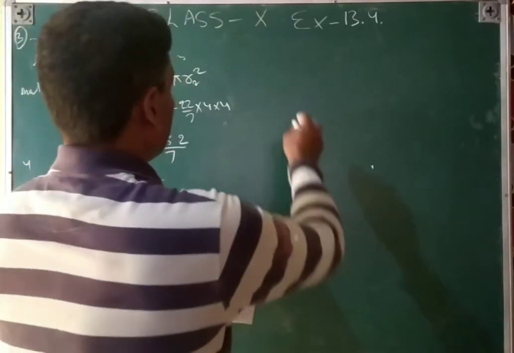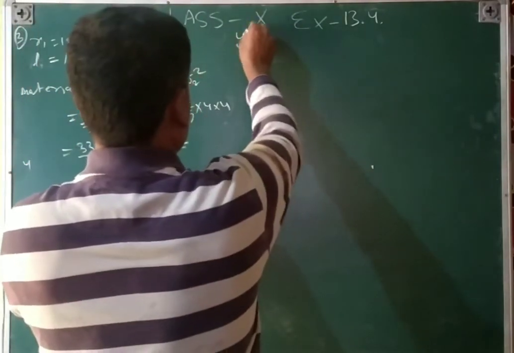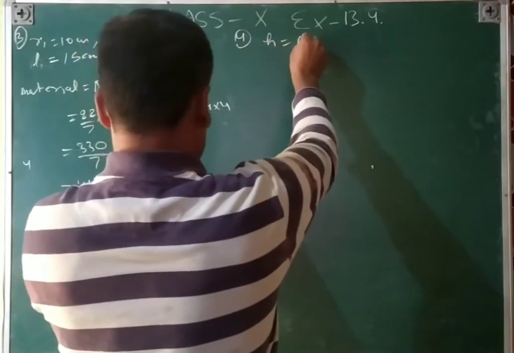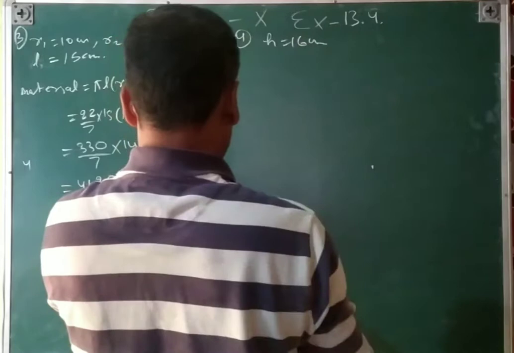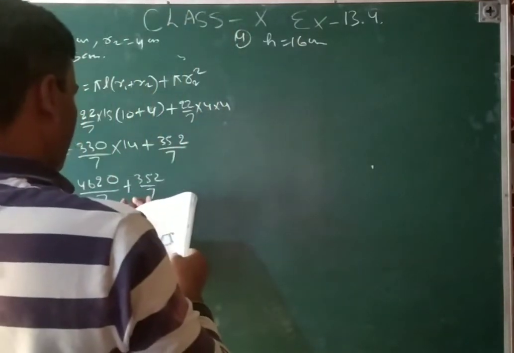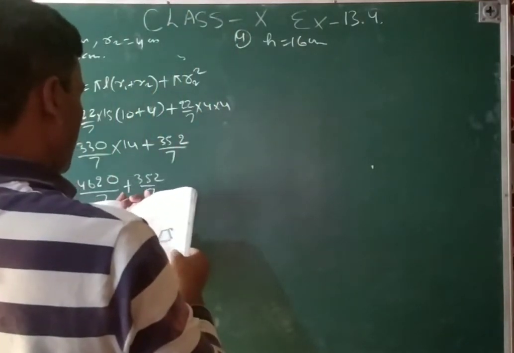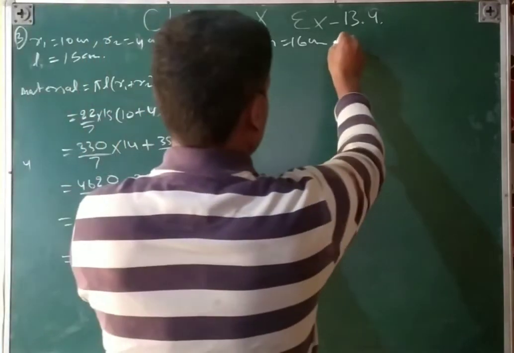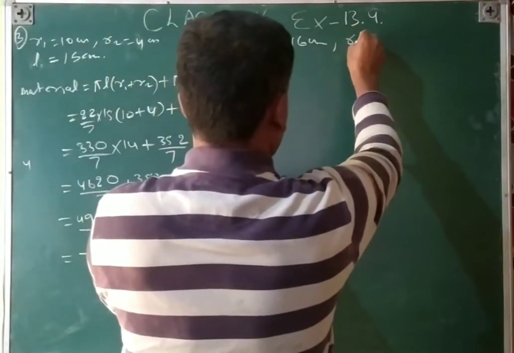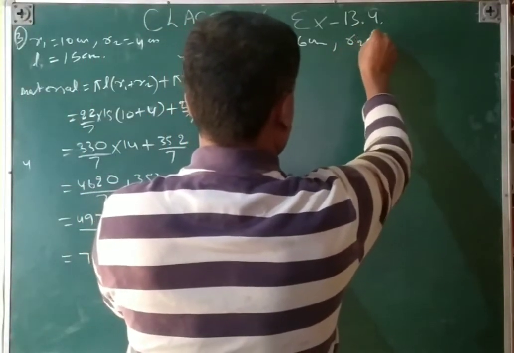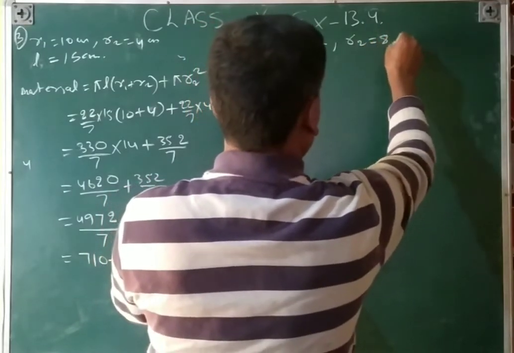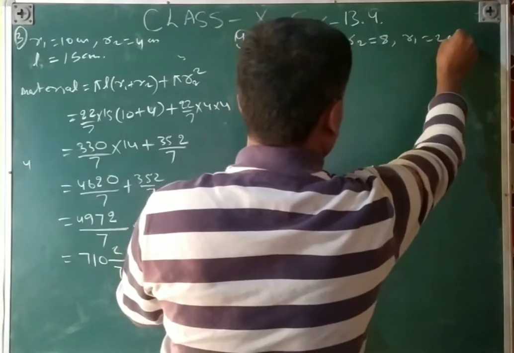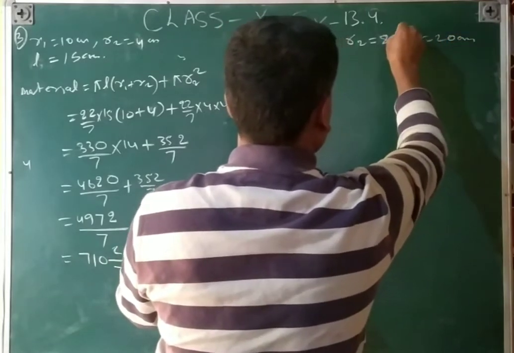Height is 16 centimeter, with radius of its lower and upper ends respectively R2 is equal to 8, and R1 is equal to 20 centimeter.